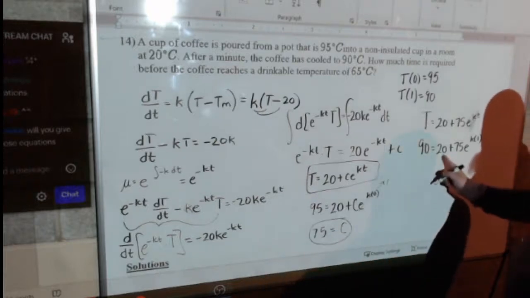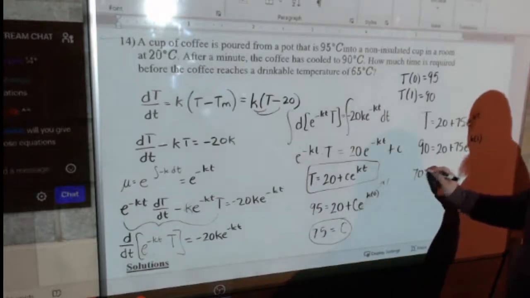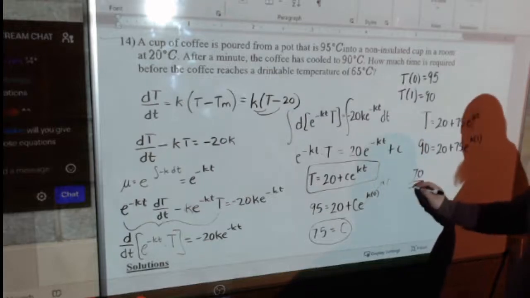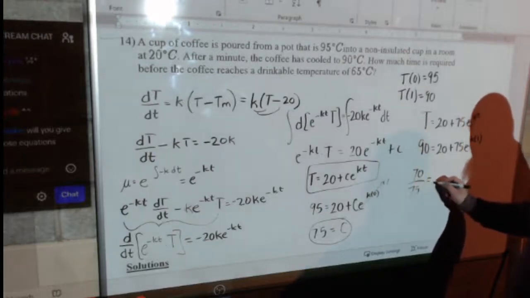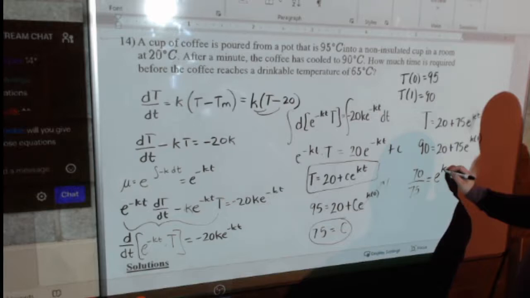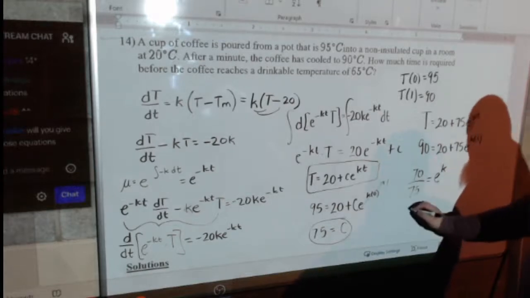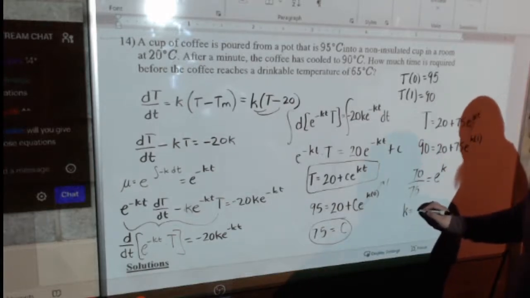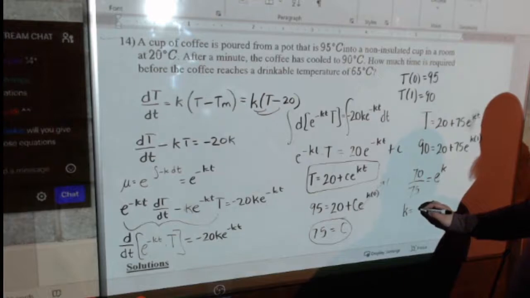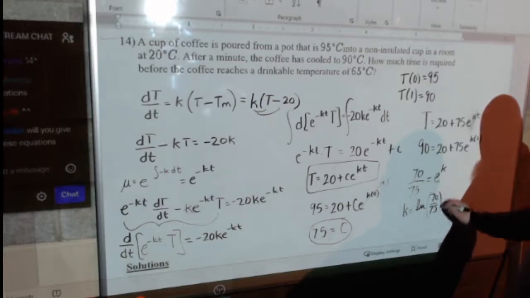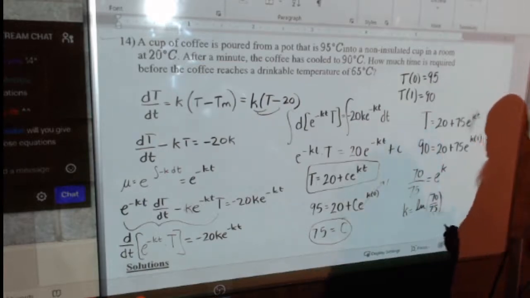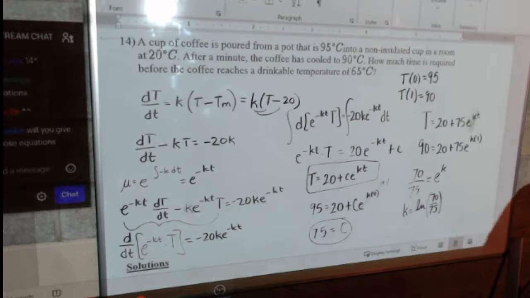All right, move this over, divide by that number, take the natural log, so k is equal to natural log of 70 over 75. Go ahead and calculate that for you.